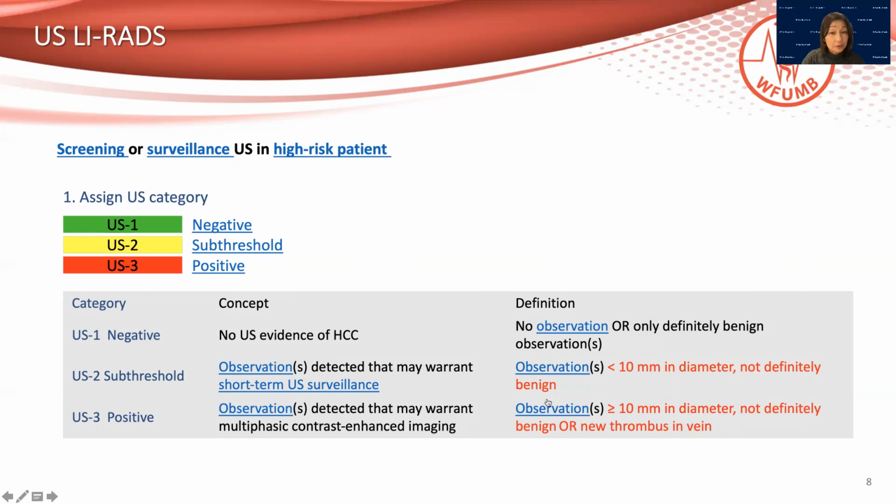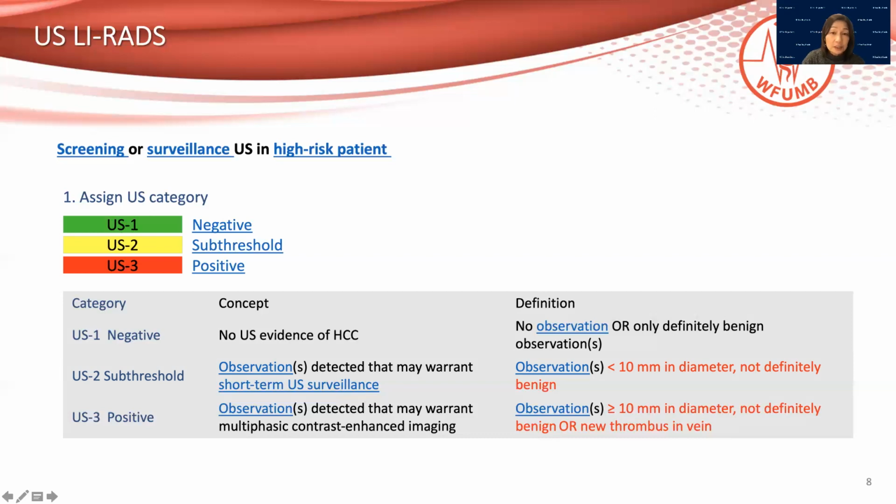Now, you may have noticed that we use this wording, observation, in LI-RADS documents. This came from CT-MRI, where they pretty frequently have non-nodule observations. Basically, they have perfusion abnormalities or pseudo lesions that may not be nodules.